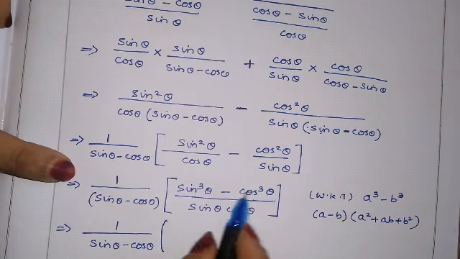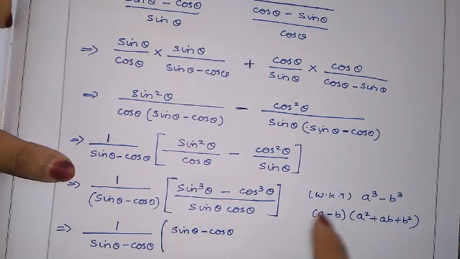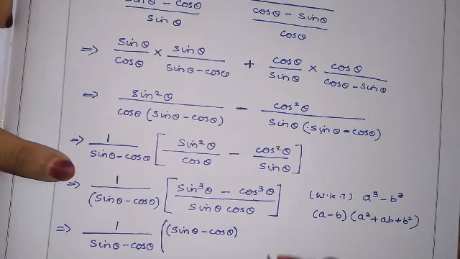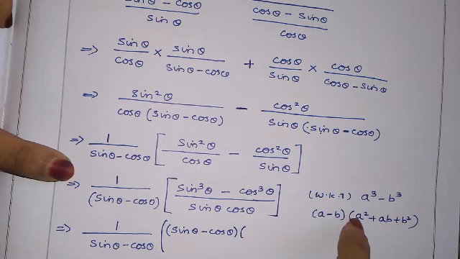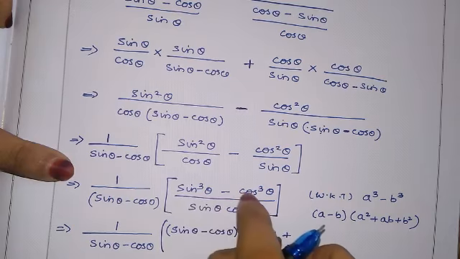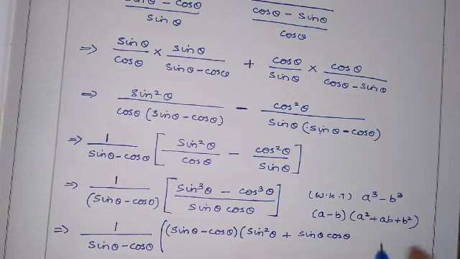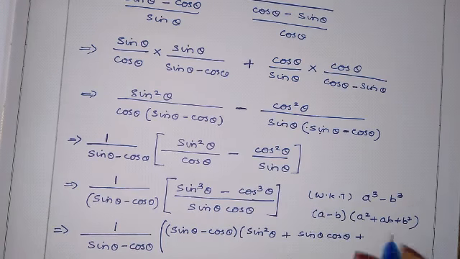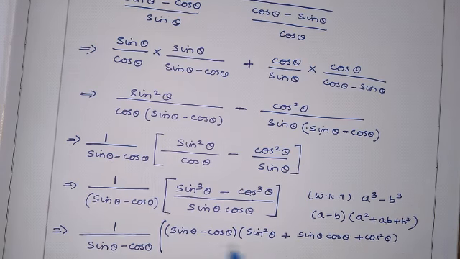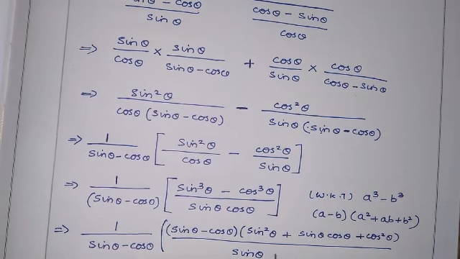Now a cube minus b cube, sin cube theta minus cos cube theta, is sin theta minus cos theta into a square, sin square theta, plus a into b, sin theta cos theta, plus b square, cos square theta, where a is sin theta and b is cos theta, just substituted in the formula, upon sin theta cos theta in the denominator as it is.